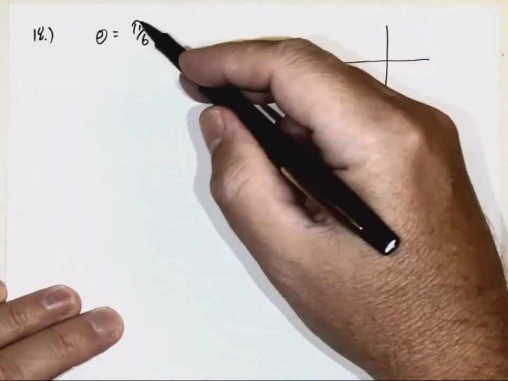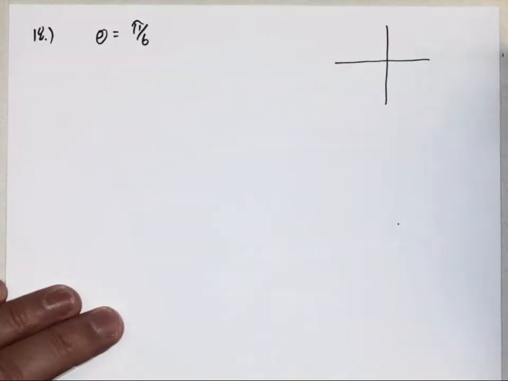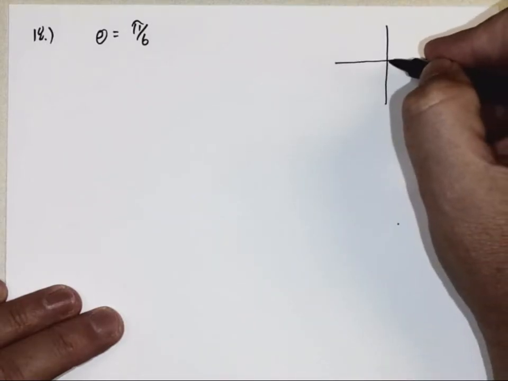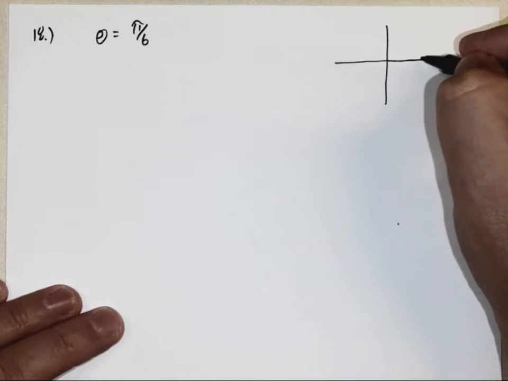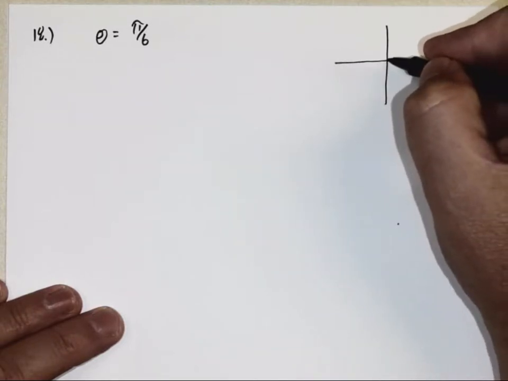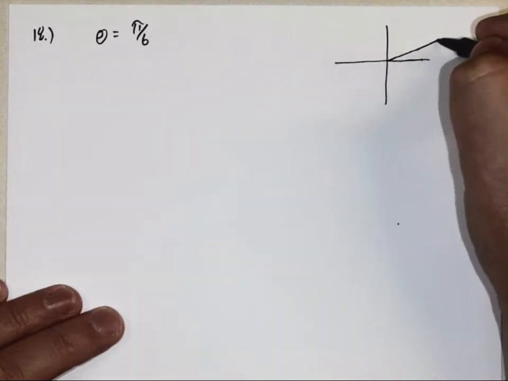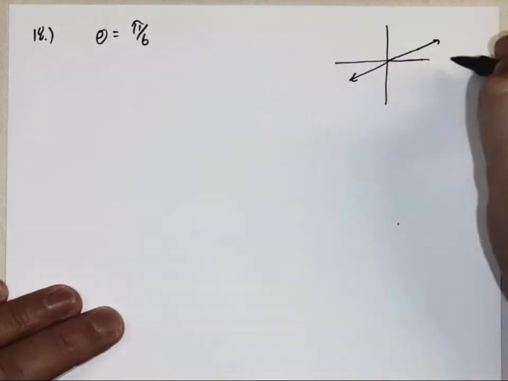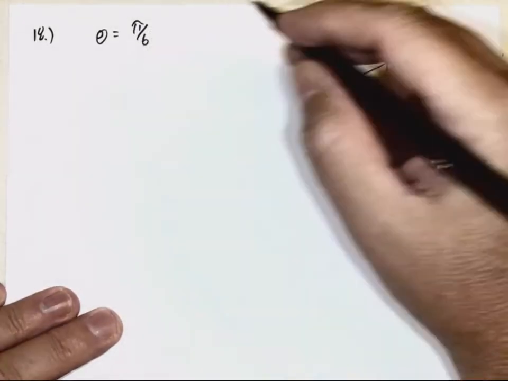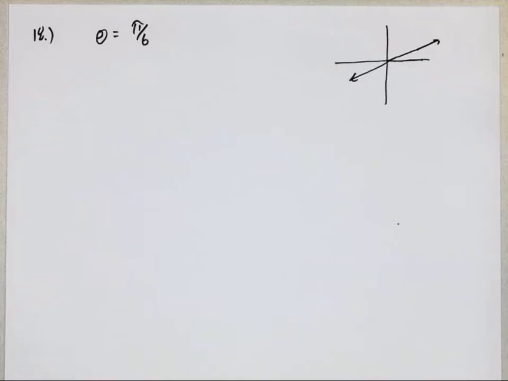The angle theta is pi over 6. Where's pi over 6 if this is 0? Pi over 6 is here. My guess is this is going to be a straight line.